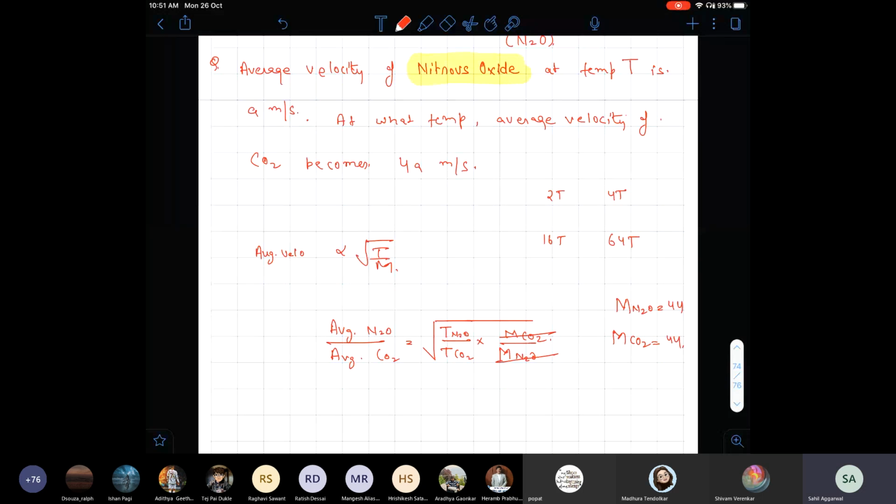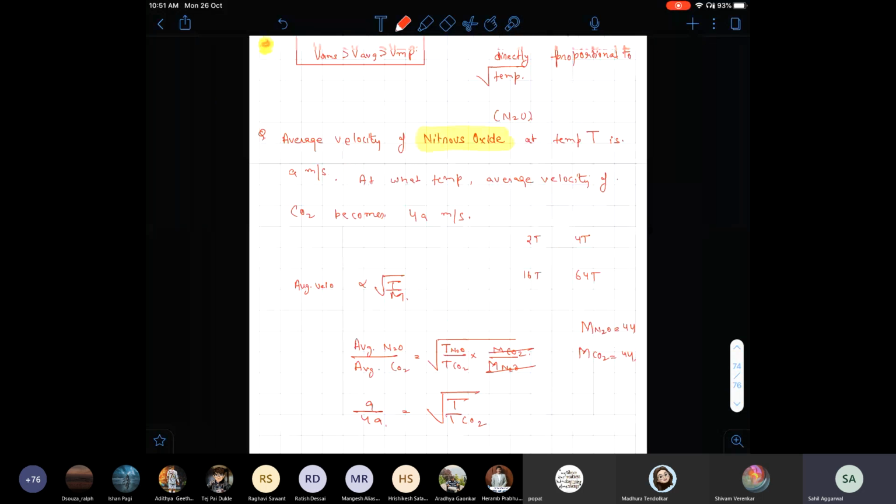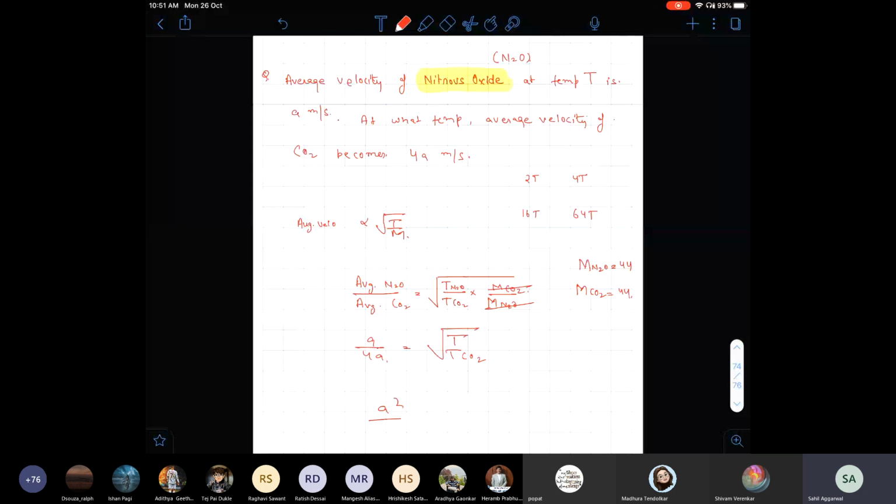So this will be T divided by T of CO2. This is A and this is 4A. दोनों तरफ स्क्वायर करेंगे. It will become A square upon 16 A square. ये कट जाएगा. This will be T by T of CO2. So it will be 16T. Yes.